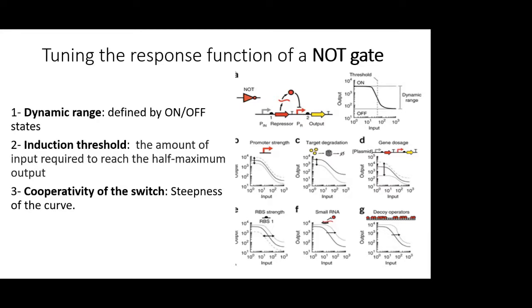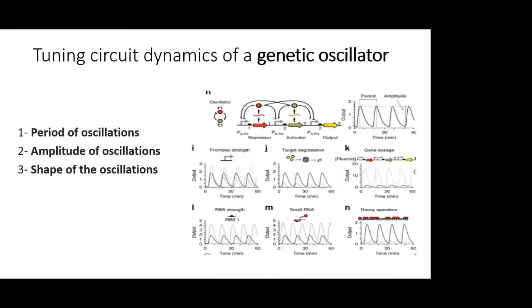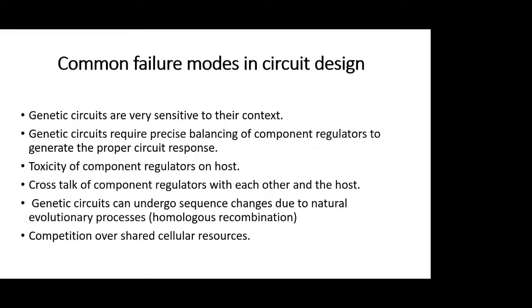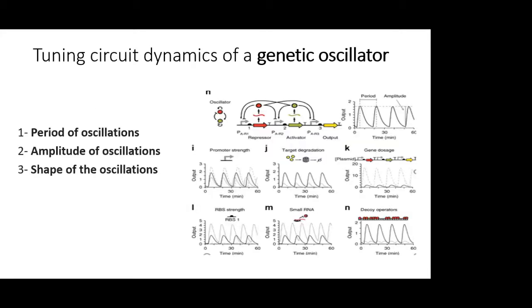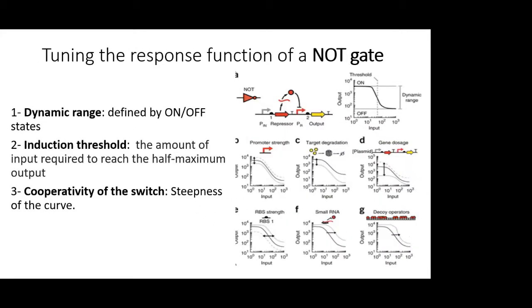Otherwise, you could end up with a circuit that produces a regulator that is not enough, that doesn't meet the threshold of the downstream circuit, and this way is not functional. Although it is present, is expressed, it is not enough to trigger the threshold of the subsequent genetic logic gate. So you need to adjust the threshold.